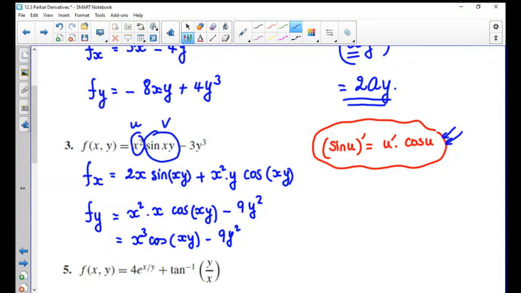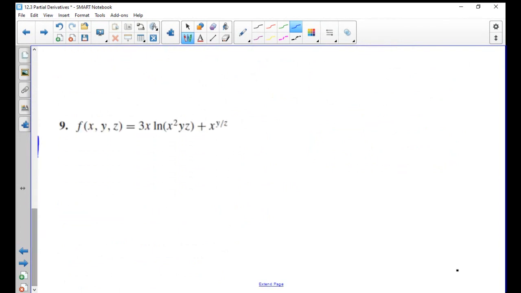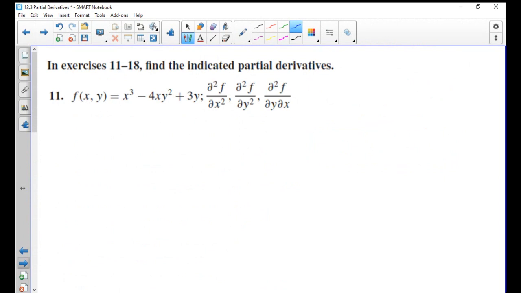Okay, I will leave you 5. I'm not going to do it. 9, 7, 9, same ideas. Let's move on a little bit to 11. So 11, nice, kind, gentle function. Here, no fractions, nothing.